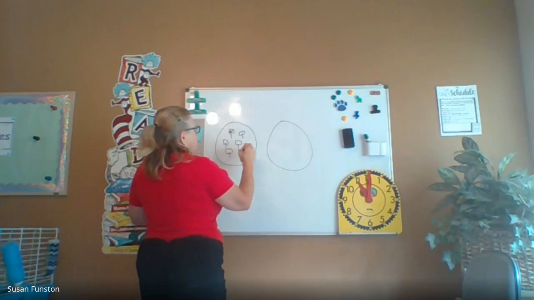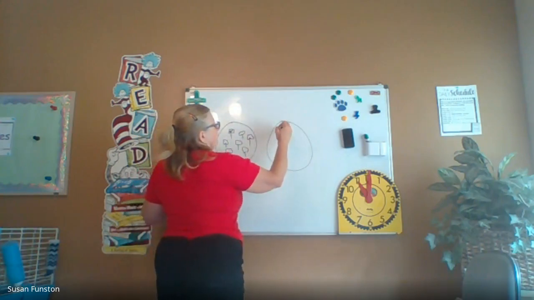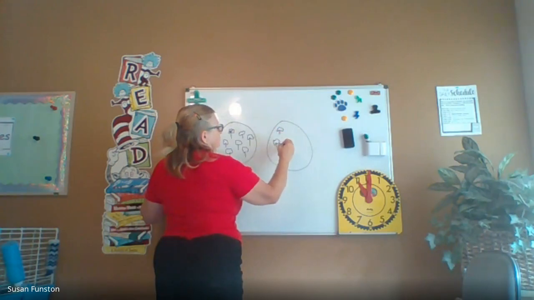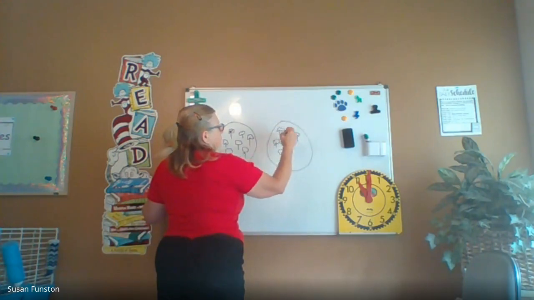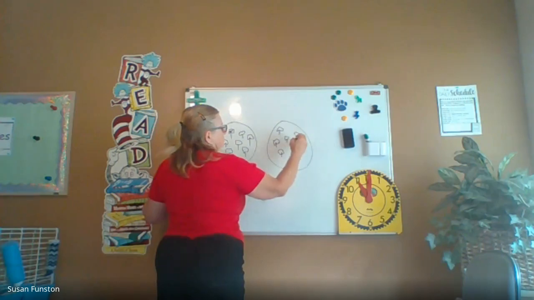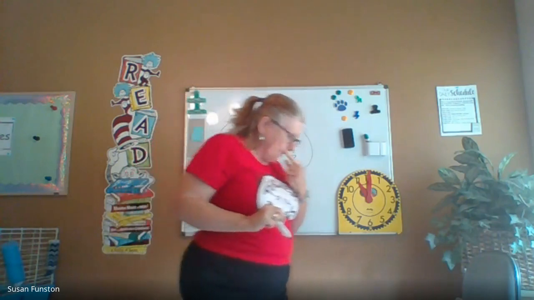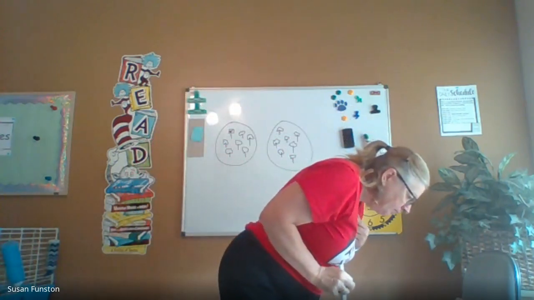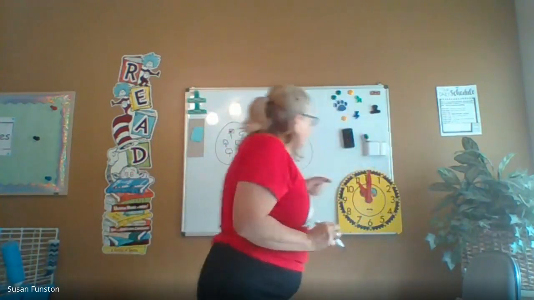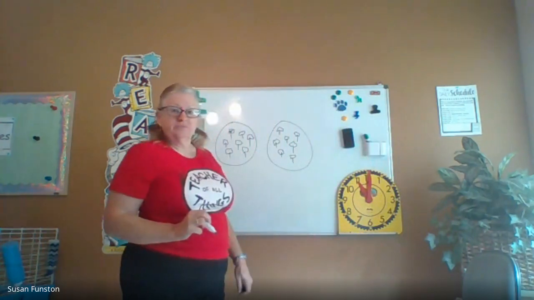They look more like trees. 1, 2, 3, 4, 1 more. Okay, and I have 7 flowers over here. So I have 7 flowers in each group. And I have 2 equal groups.